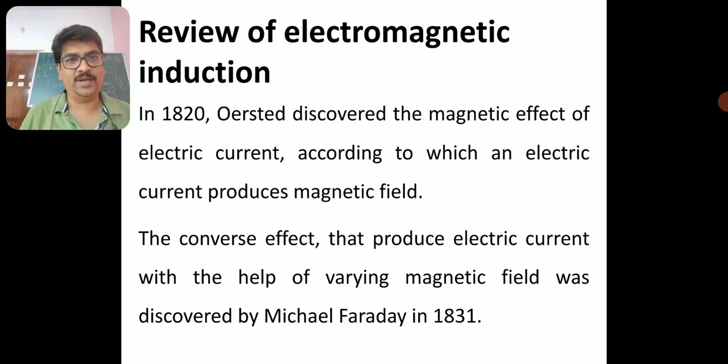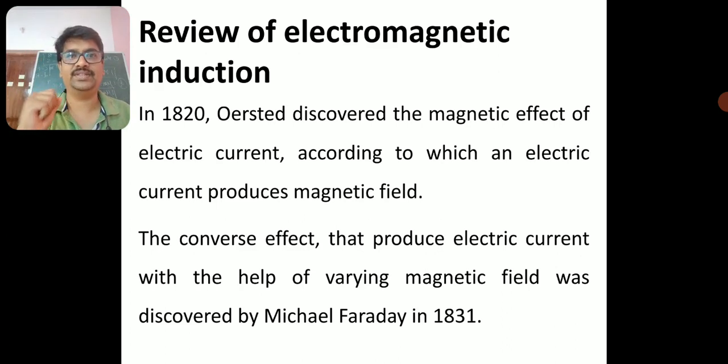A very old phenomenon. Now look for the converse effect: if a magnetic field can be produced by an electric current, can a varying magnetic field produce an electric current? That converse effect was discovered by Michael Faraday.